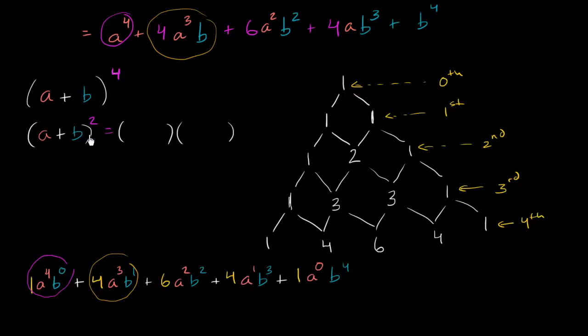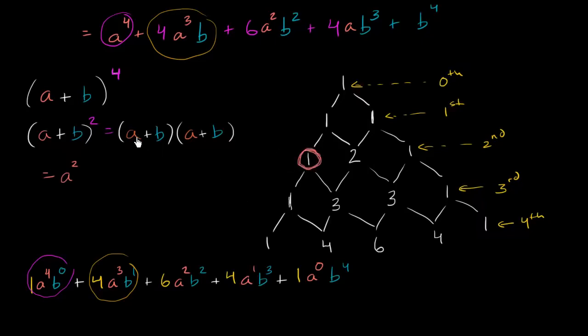And then when you multiply it, this is going to be equal to a times a. So you get a squared. And that's the only way to get an a squared term. There's only one way of getting an a squared term.